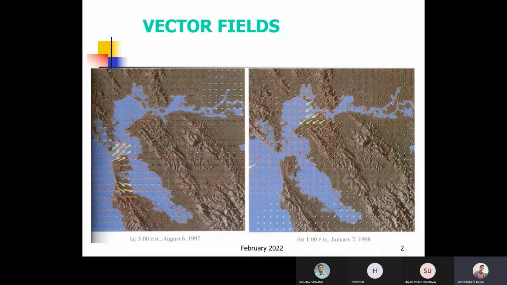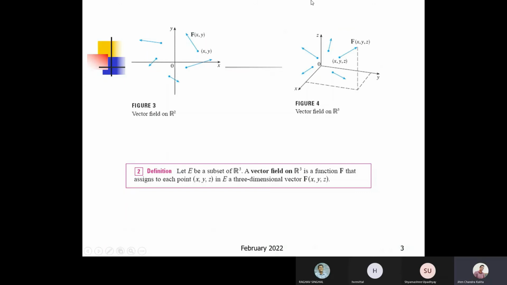And if you have a region in 3D, and at each point in that region you can consider a vector which can be described as a function of those three variables x, y, and z, then we say that it defines a vector field in that region.